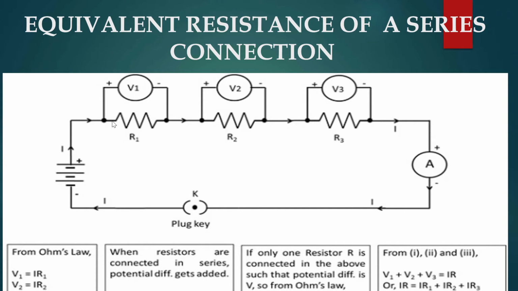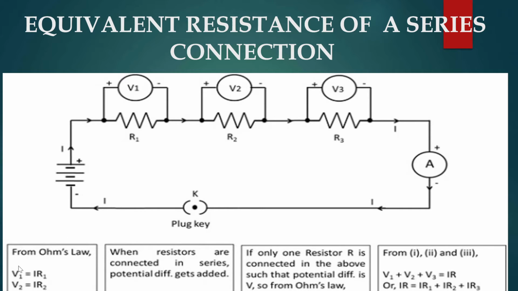The potential difference across R1 is V1. The potential difference across the ends of the second conductor is V2, and the potential difference across the two points in the third resistor is V3. The current flowing through this single path is the same throughout, and the potential difference across the battery will be equal to the sum of the potential differences of these three resistors, that is, V1 plus V2 plus V3.